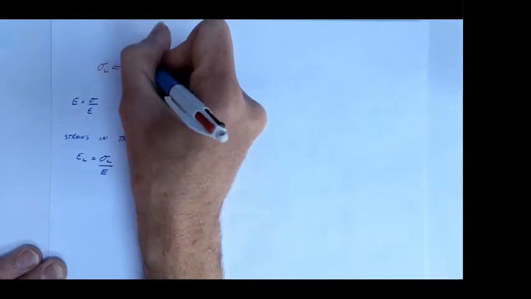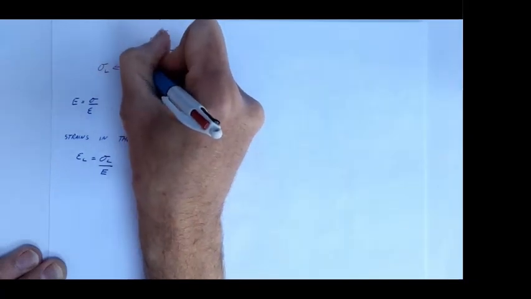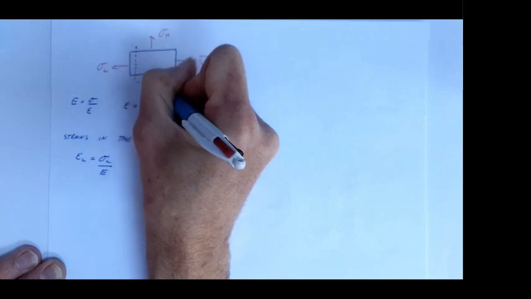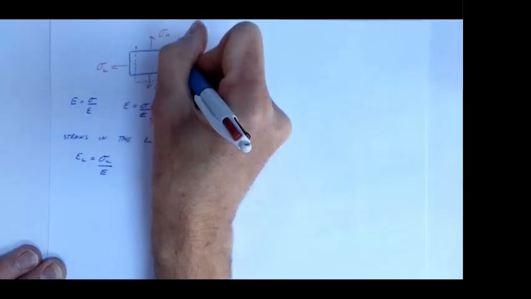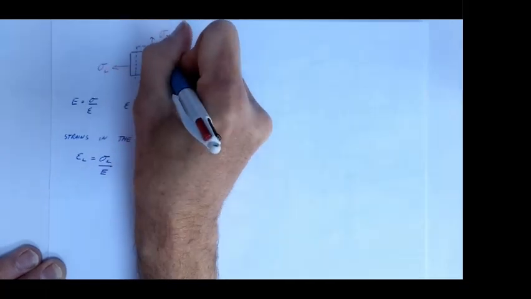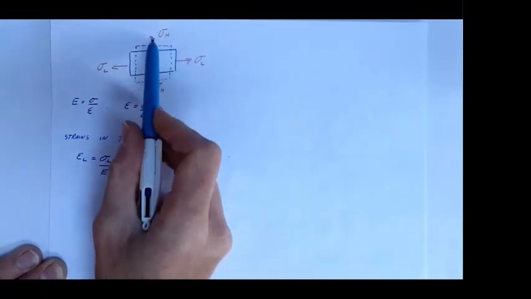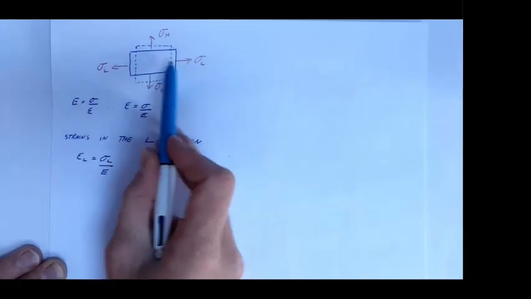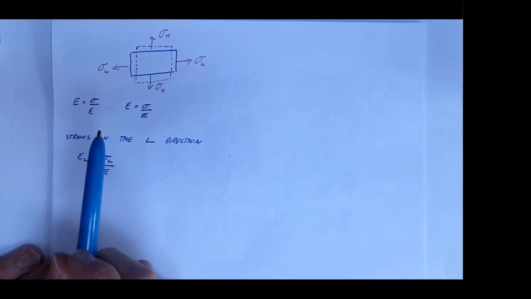If I were to draw my deformed shape due to those hoop stresses, it's going to look something like this. So the hoop stresses are clearly causing a longitudinal strain.